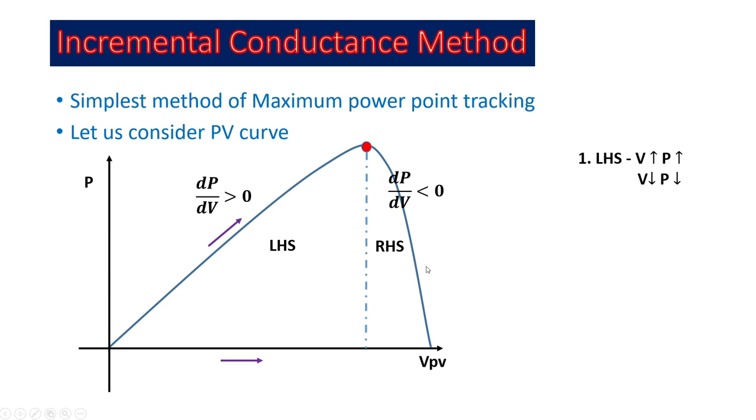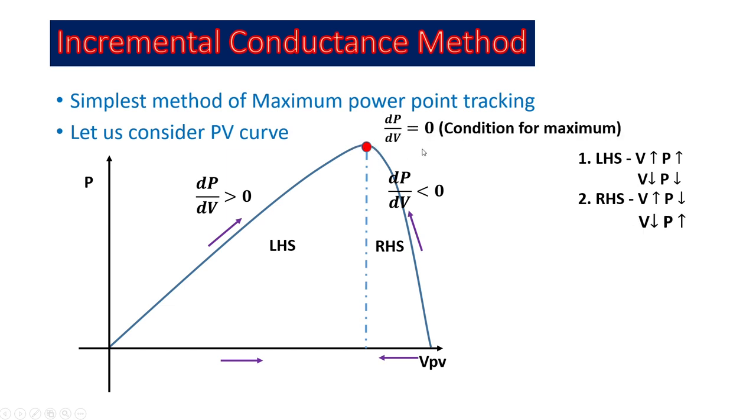When we come to the right hand side, if we increase the voltage, the power reduces. Therefore, it can be said that dP divided by dV is less than 0. Also, if we decrease the voltage, we can increase the power. At the maximum power point, we state that dP divided by dV is equal to 0.